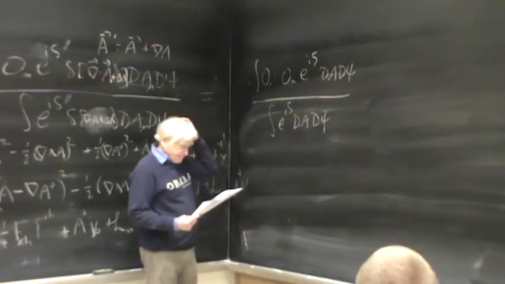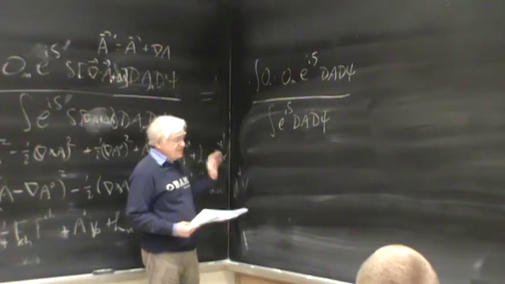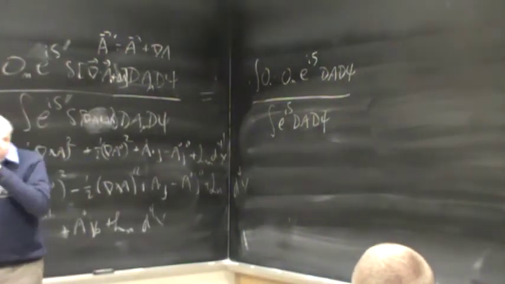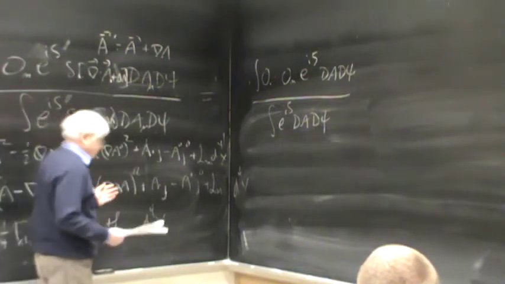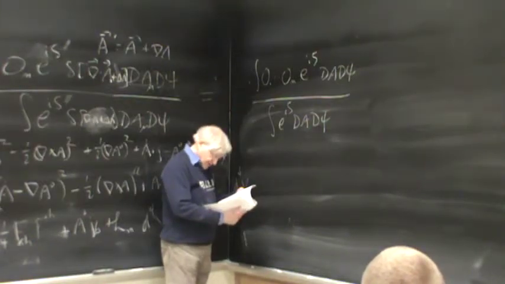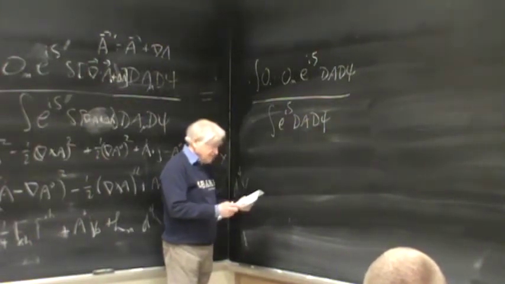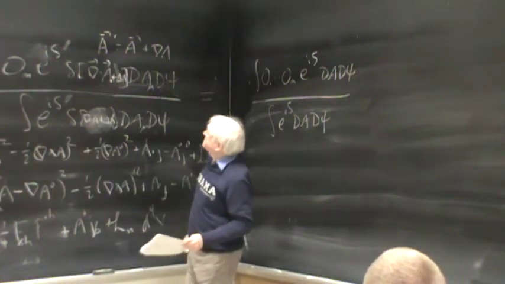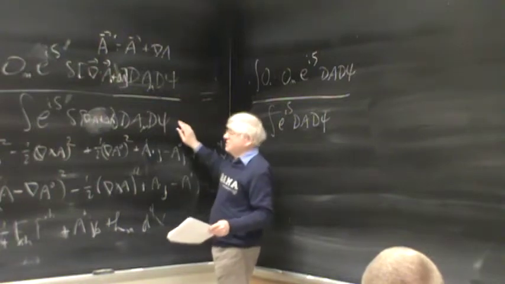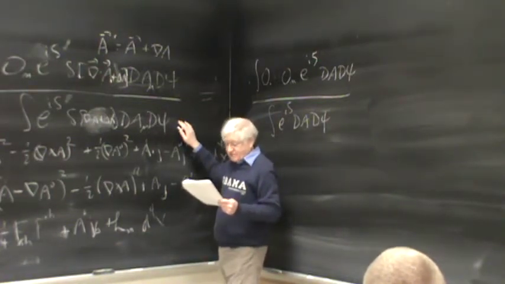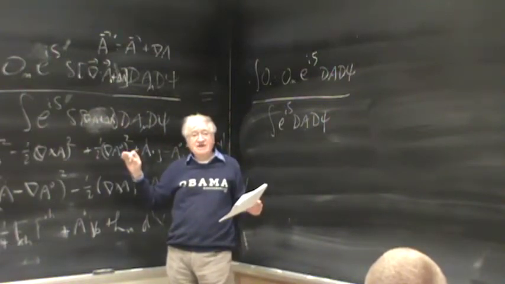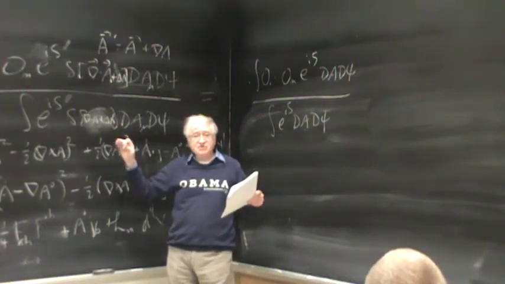Now, on the other hand, if we want to do perturbation theory, it turns out to be better to fix the gauge. And so what we do now is we go back to here, and we multiply the numerator and the denominator by a certain factor, and then integrate over the gauge B. Then we make the gauge transformations.